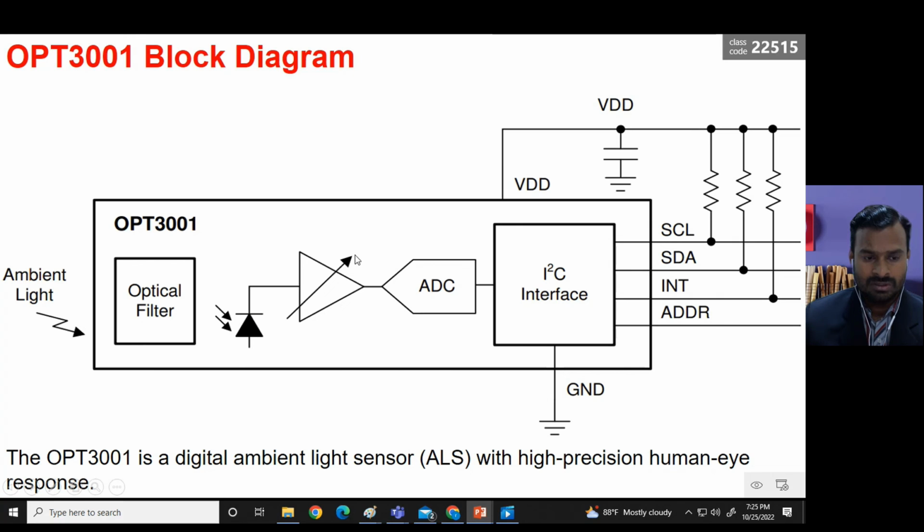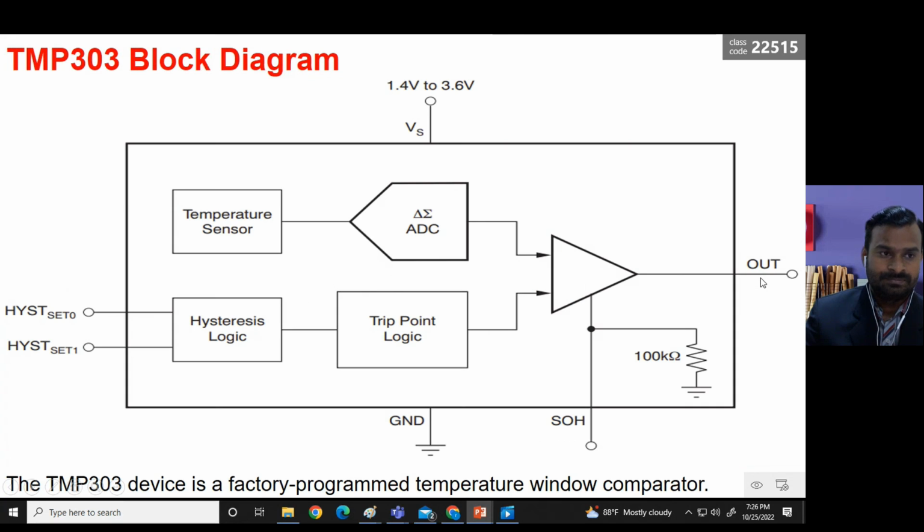Then we have the opto device, and we get a variable signal from this, and the ADC is going to do the analog to digital conversion, and the I2C interface is going to connect these values to the microcontroller. Based on the voltage produced here, the microcontroller is going to decide how much light is coming in the given condition.